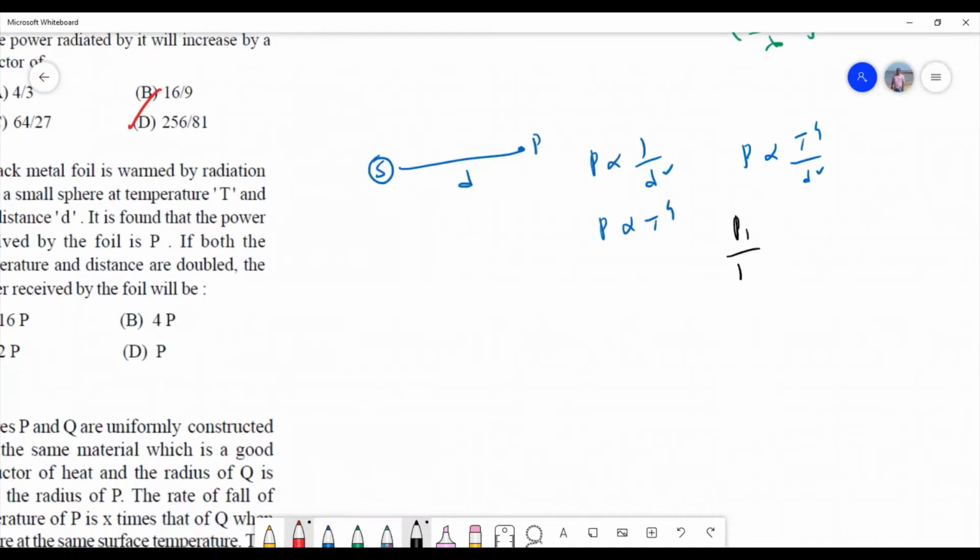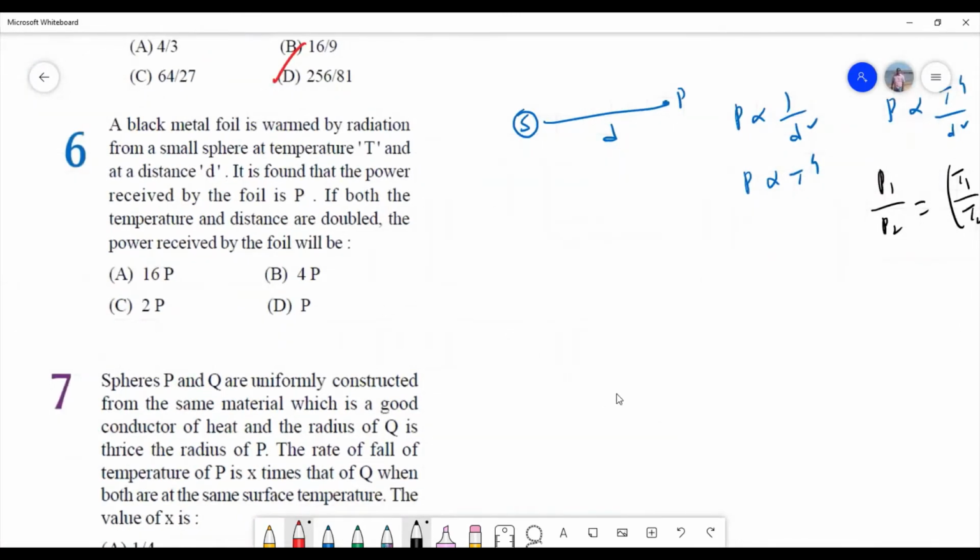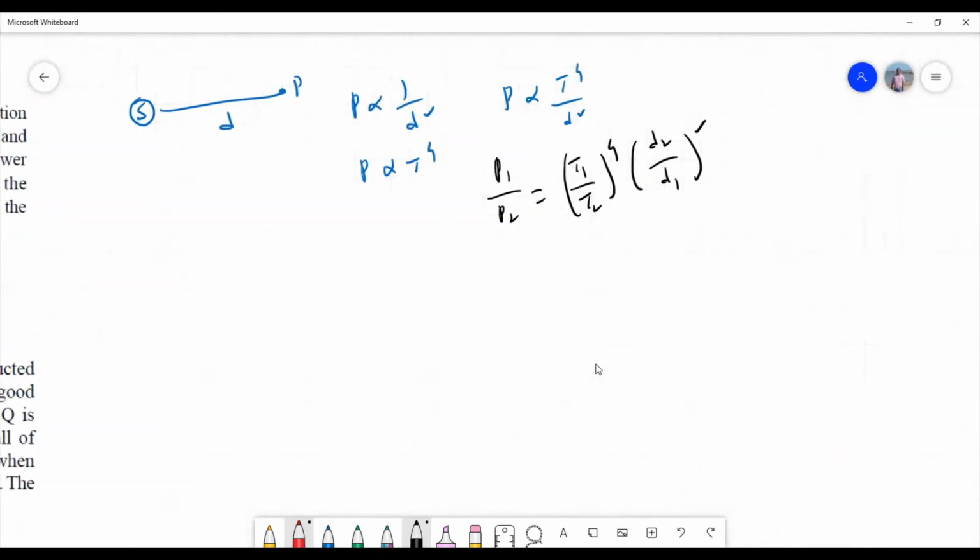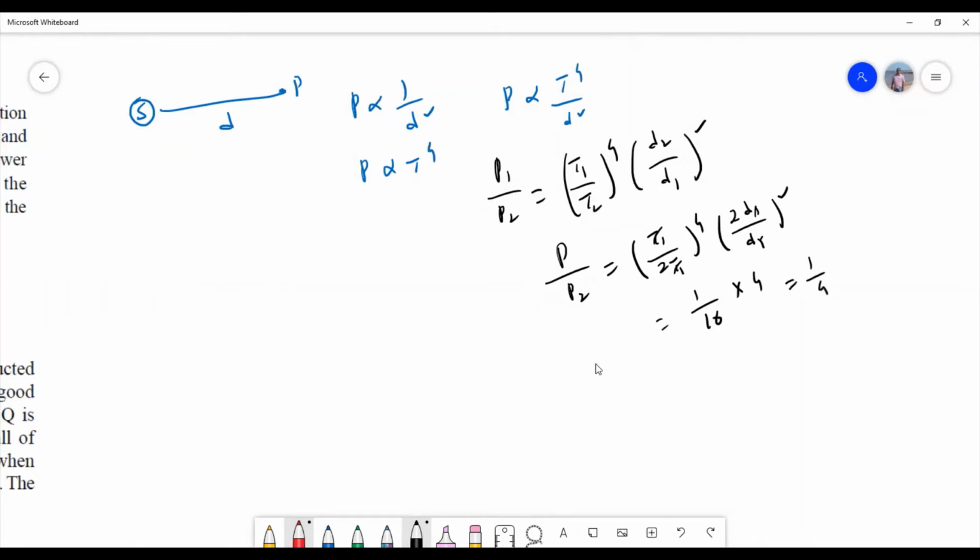Therefore, P1 upon P2 is equal to T1 upon T2 whole power 4 into D2 upon D1 whole square. Now it is given that both the temperature and distance are doubled, and the initial power is P. So T1 by 2T1 whole power 4 and 2D1 by D1 whole square, which is nothing but 1 by 16 into 4, so 1 by 4.